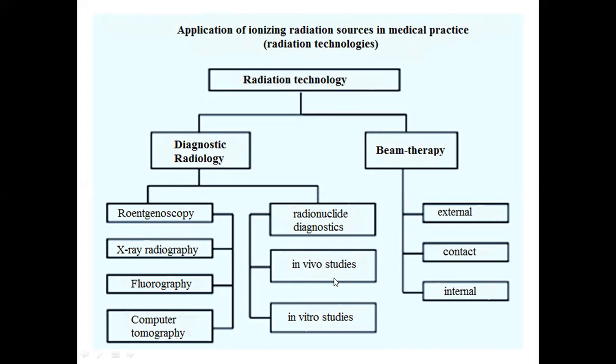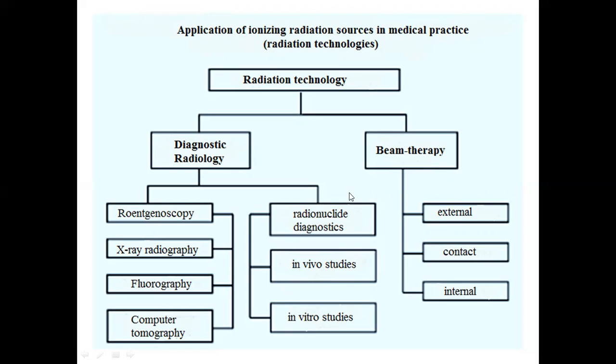Application of ionizing radiation sources in medical practice includes diagnostic radiology and beam therapy. Diagnostic radiology includes röntgenoscopy, X-ray radiography, fluorography, computer tomography, and radionuclide diagnostics with in vivo and in vitro studies.